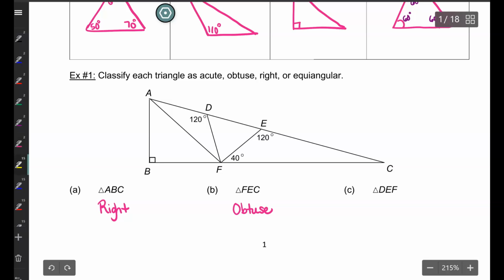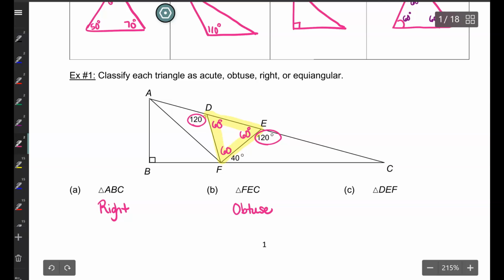And lastly, we have DEF. So here's DEF. Let's see. Well, notice that we have a linear pair here. So if this is 120, this has to be 60. And this is also 120, so this has to be 60.